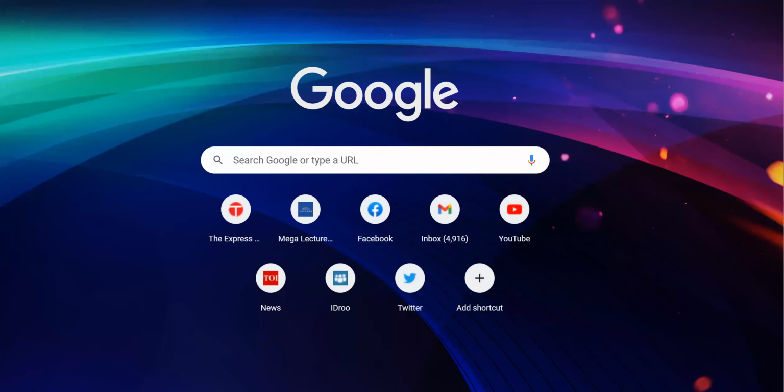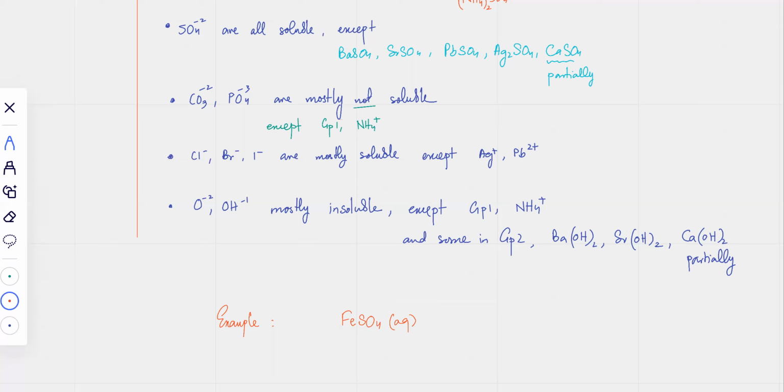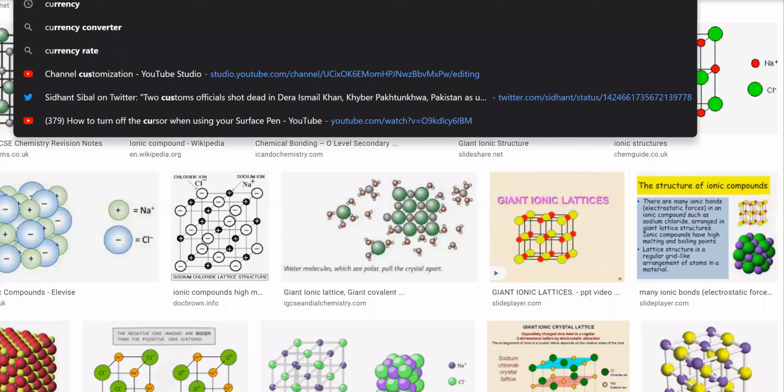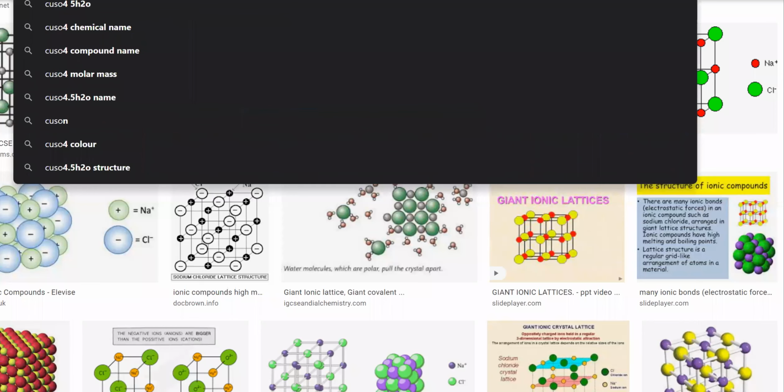Like if I take copper sulfate, this was copper sulfate, right? What example did I give? Let's talk about copper sulfate, okay? Is copper sulfate copper 2 plus SO4 minus 2? Is it soluble or not? So sulfates are all soluble, except these are not soluble. So copper is not there. So copper sulfate is soluble and it's going to be aqueous, right? Yes. Okay, for copper sulfate, this will happen, okay? For example, CuSO4 is a crystal.